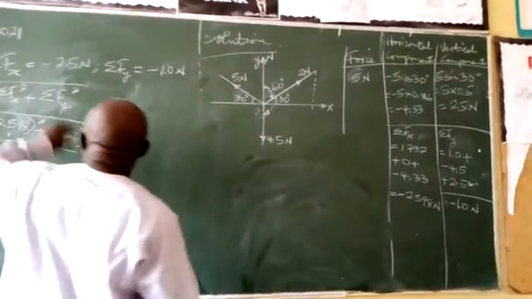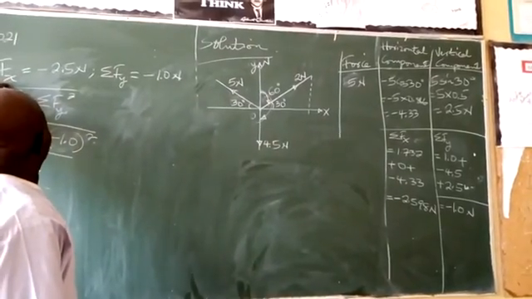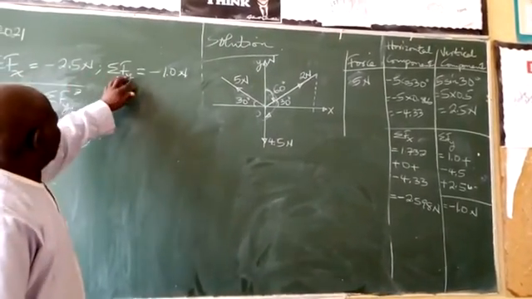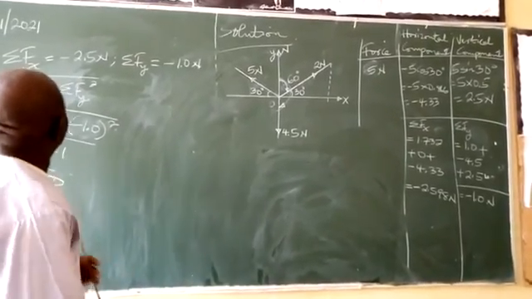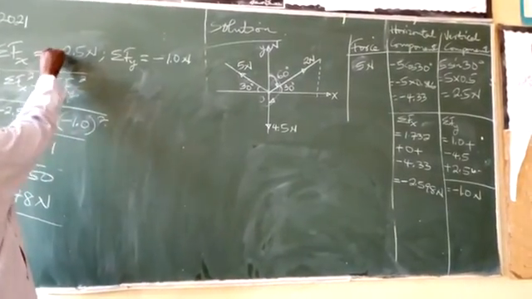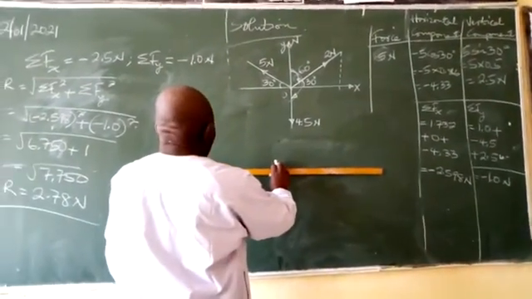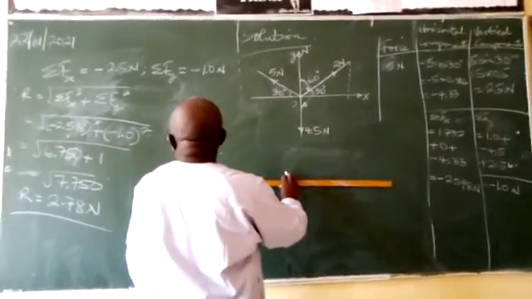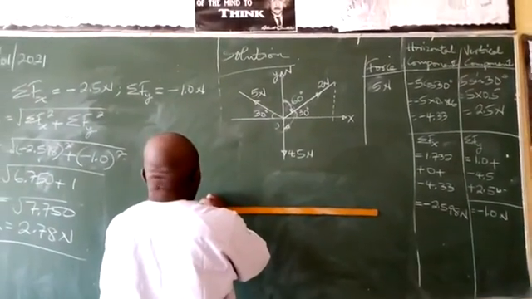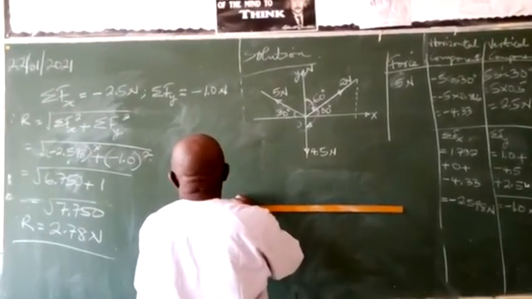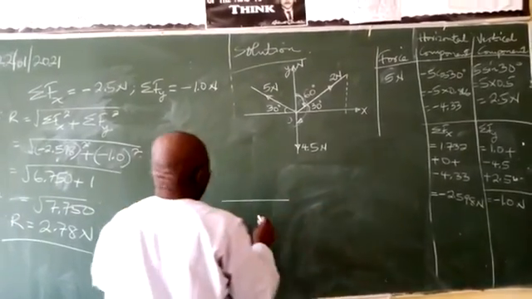To find the direction, we now draw the vector diagram of these two forces, summation f sub x and summation f sub y. Summation f sub x is negative, so we draw it horizontally towards the left.